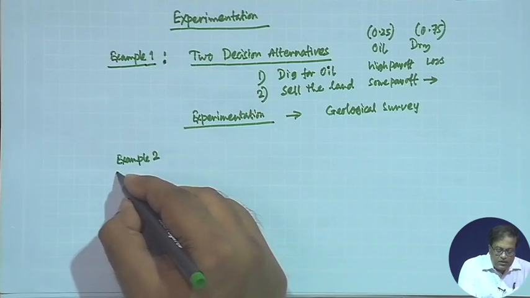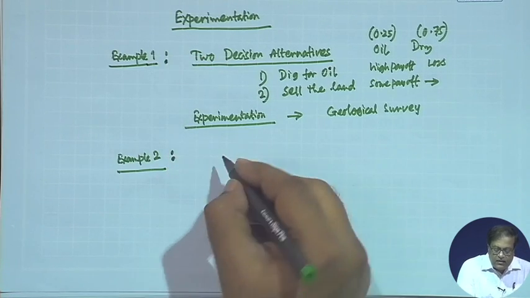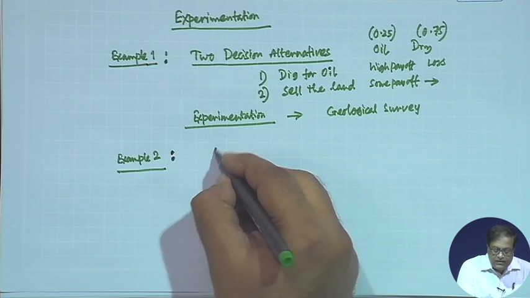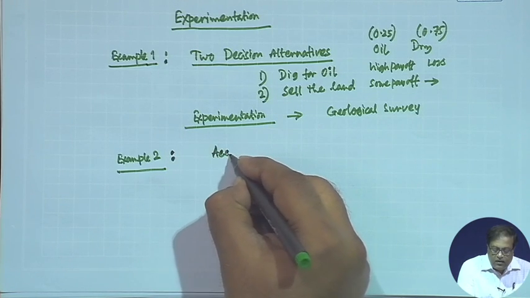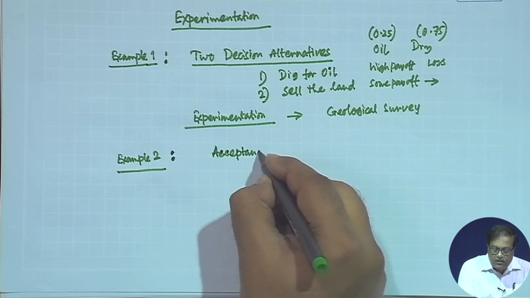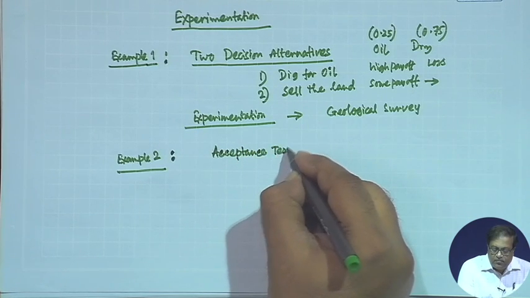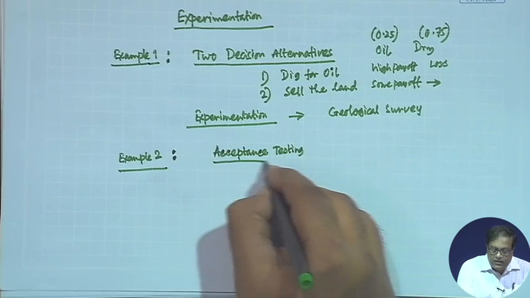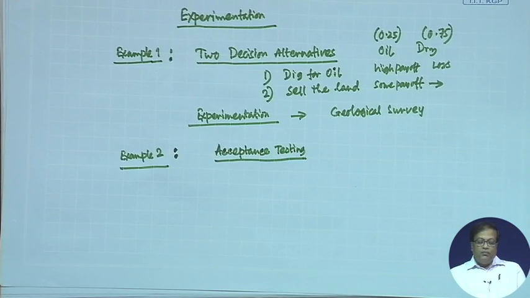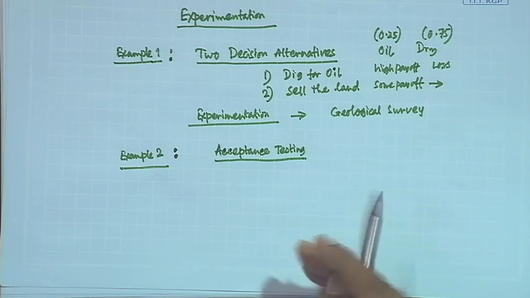in a particular situation, let us say acceptance testing. We can think of an acceptance testing situation. Sometimes when you are in a particular market and you are buying, let us say, fruits, then you have the alternative of whether to accept or not accept a lot that has come, right.